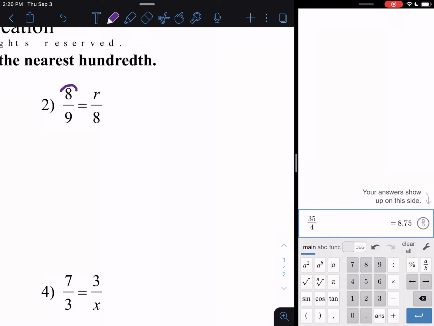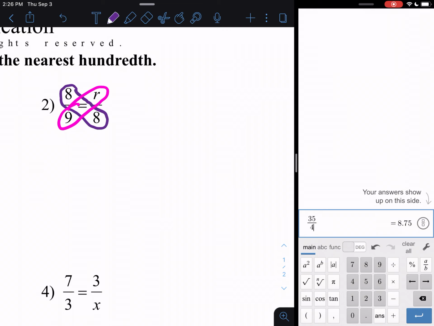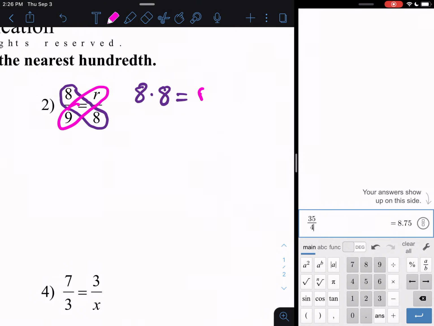So again, my first step, I'm going to circle my cross products. And then I always like to have my variable on the left-hand side, but this time, how about I first write what my purple is, so my purple stays on my left. So 8 times 8, that's what I circled in purple, and then I circled in pink, R times 9.